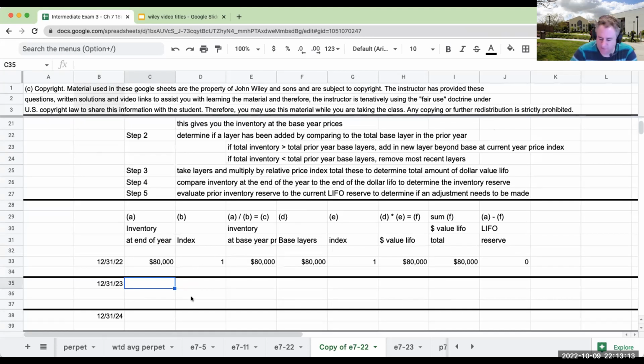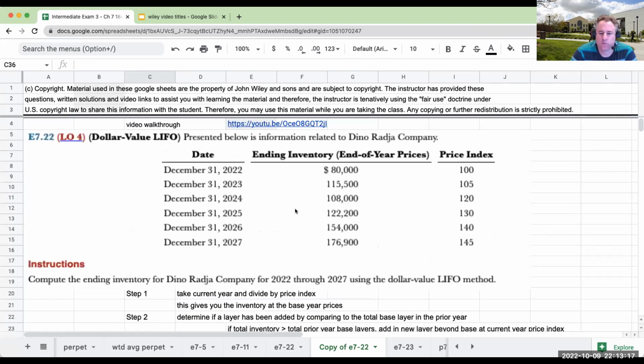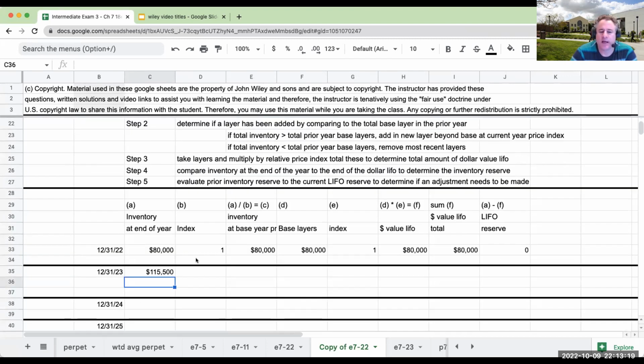We have 115,500. Now, to make this comparable to my base year, I'm going to divide this by 1.05.